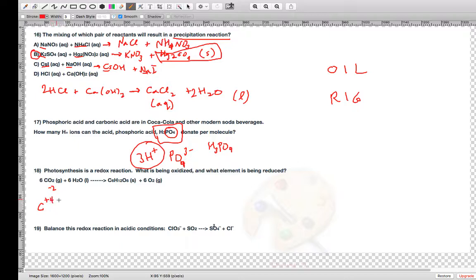This oxygen is -2. There are 2 hydrogens, so each hydrogen must be +1. Now, this carbon is a little strange. It's necessary to know what is bonded to this carbon.